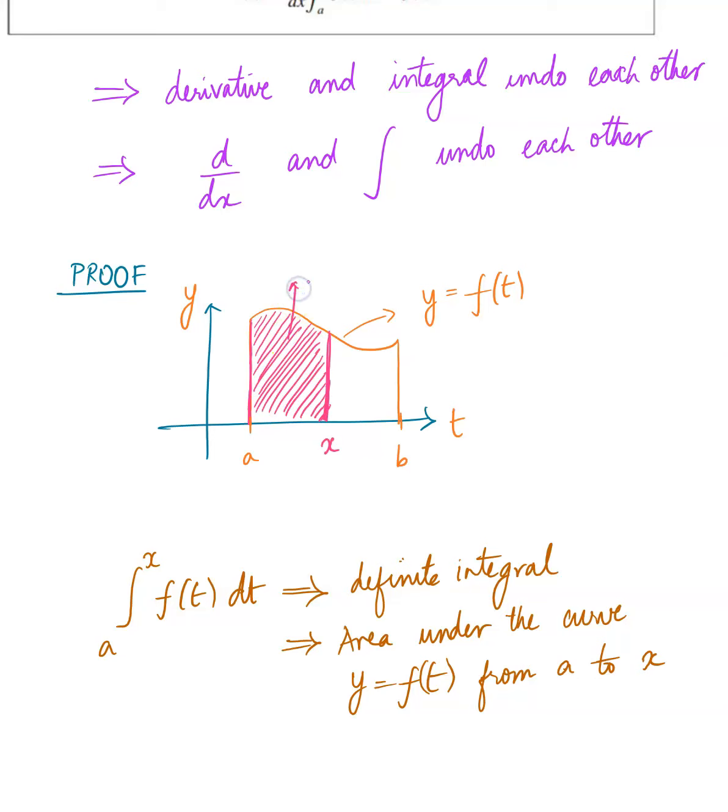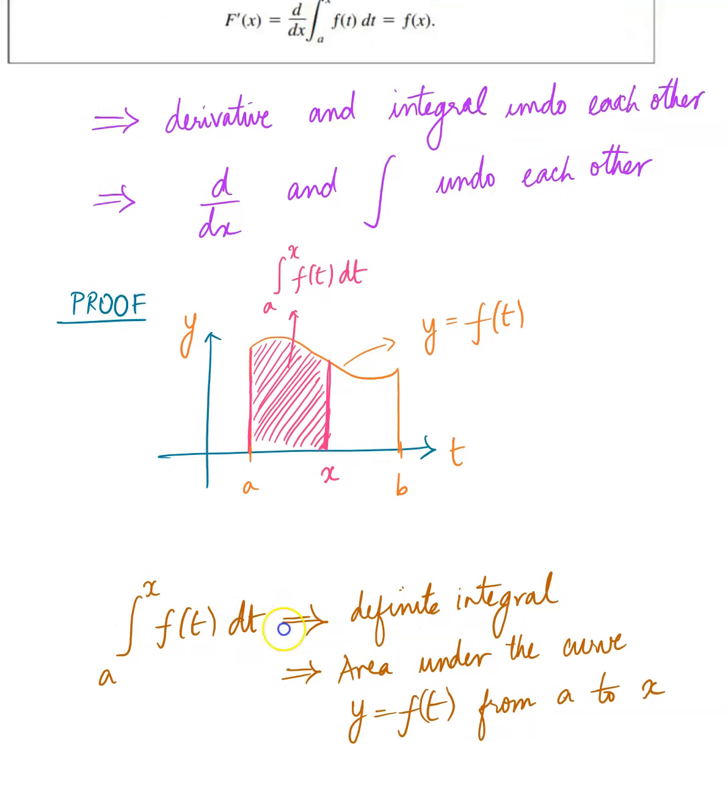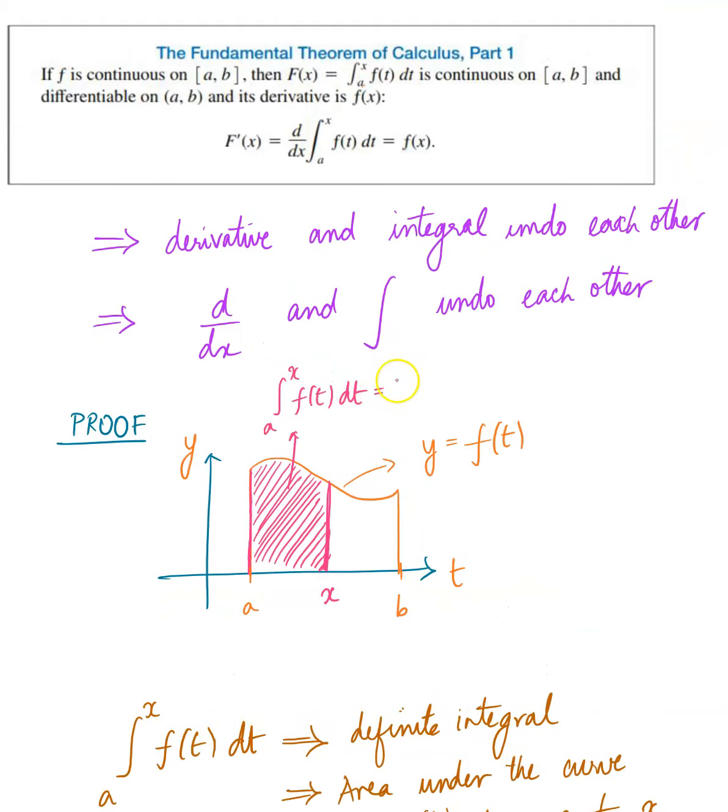So this is the integral from a to x of f of t dt, and we are calling that our capital F of x. That's our area, right? And so we want to show that if you took the derivative of this area, you will get back this function, this orange curve.